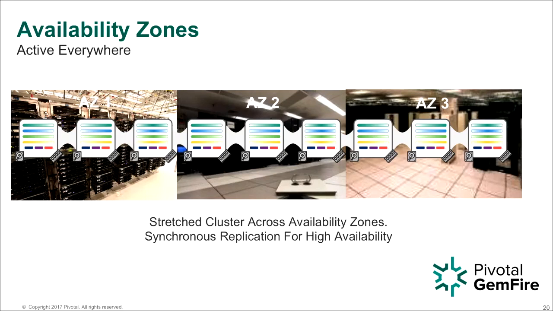In the event of the failure of any node or any whole availability zone, the cluster can continue to operate normally. And if you configure GemFire to hold 1 primary and 2 redundant copies of the data, you will still have 2 copies active and available, even if 1 whole availability zone fails. This can be thought of as recovery point objective equal to 0 and recovery time objective equal to 0.